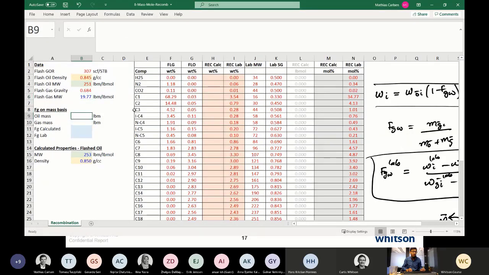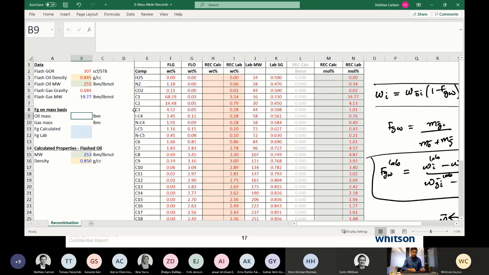And then we have the oil mass. So the mass is the density times volume, and for volume we can take 1 barrel as the basis here for the flash oil, so that the flash GOR will represent the gas volume, which is 307.